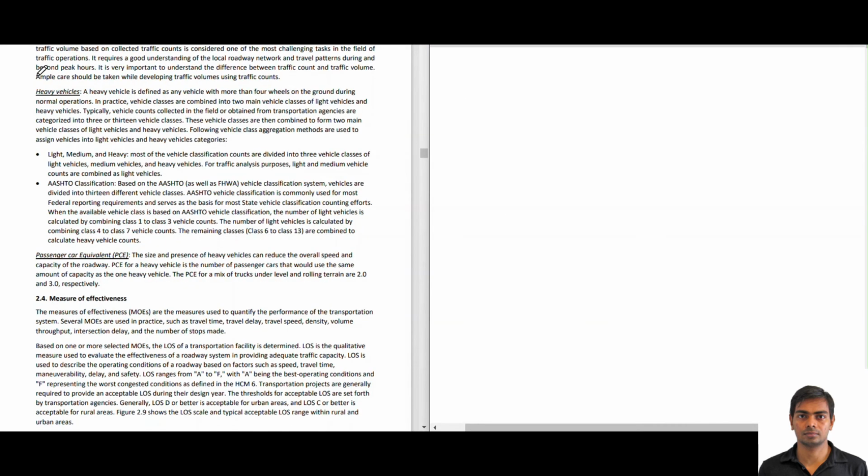After discussing one of the biggest considerations in the field of traffic operations, and something a good traffic engineer should be aware of, the difference between traffic counts and traffic demand, let's look into some more fundamental concepts. One concept we frequently use is heavy vehicles. In our practical life, we usually classify the vehicles into light, medium, and heavy.